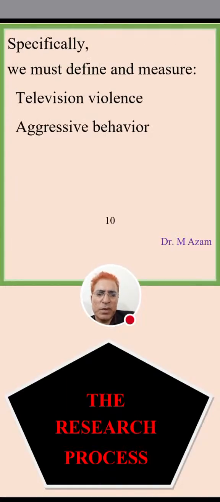Specifically, we must define and measure television violence and aggressive behavior. We must define television violence and we must measure television violence. And similarly, we must define aggressive behavior and we must measure aggressive behavior.